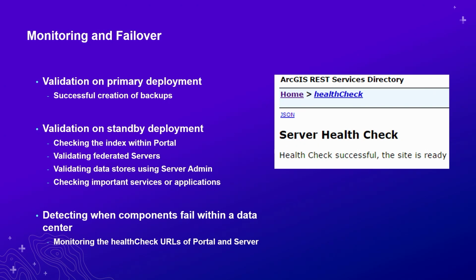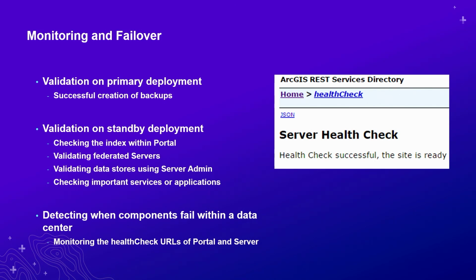Finally, it's important to monitor and keep track of the health of each environment. First, validation on your primary deployment that you are creating backups successfully. Obviously, take advantage of ArcGIS Monitor and any other monitoring utilities to ensure that you're detecting any component level failures.